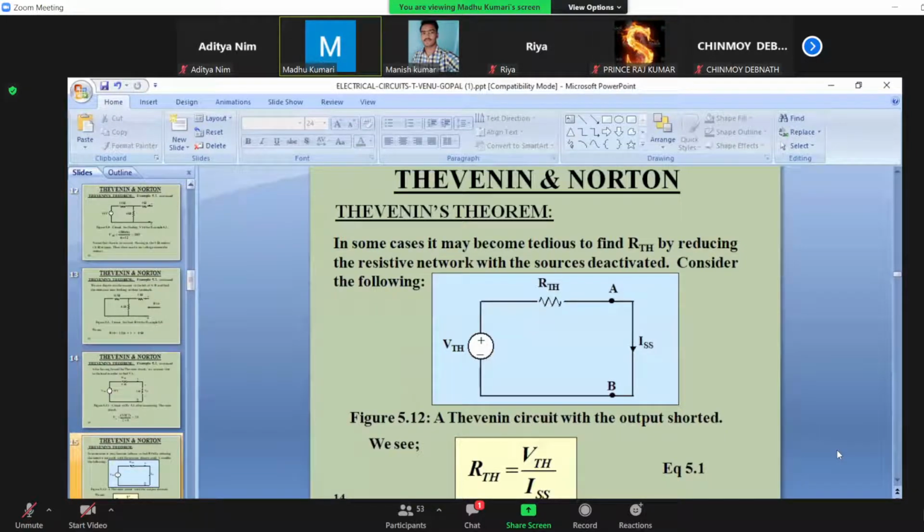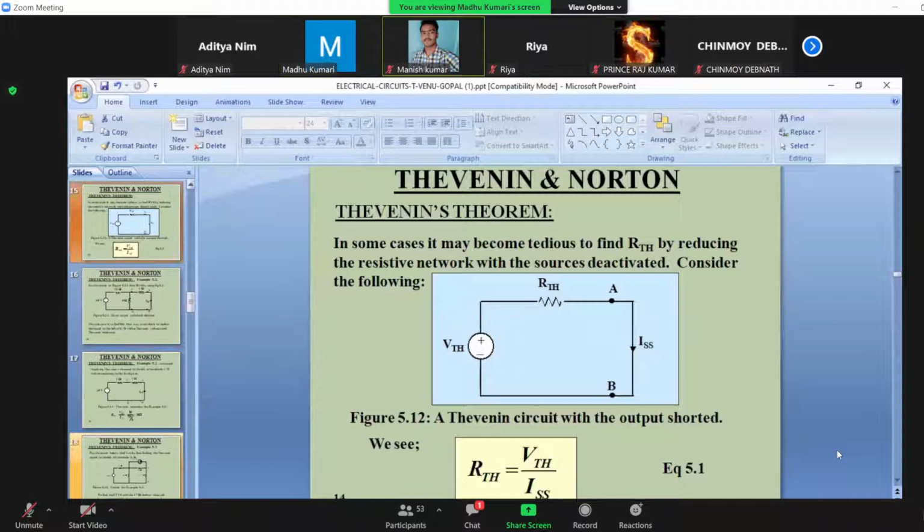Thevenin's theorem. Now, here again, what is another method to calculate the RThevenin? There is another method also, by that you can calculate RThevenin.